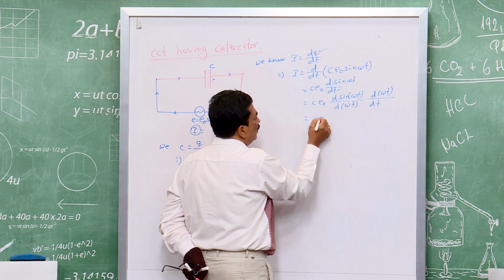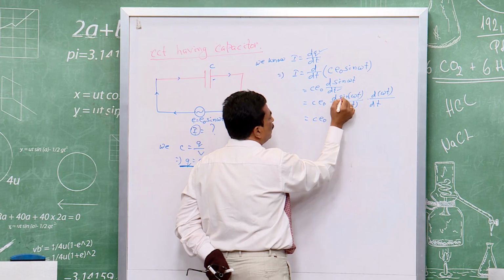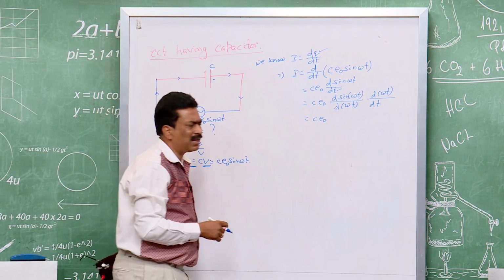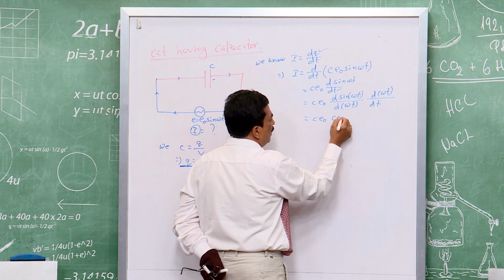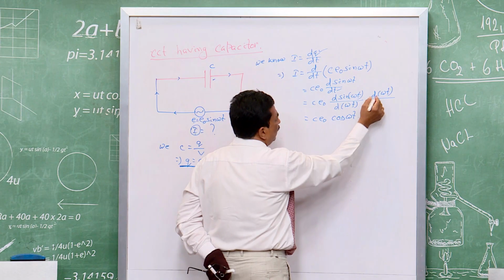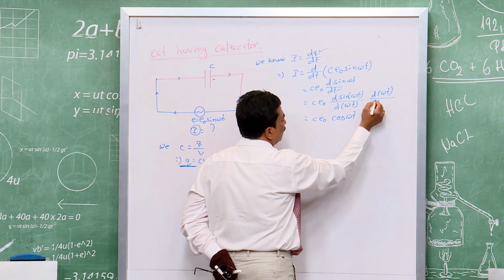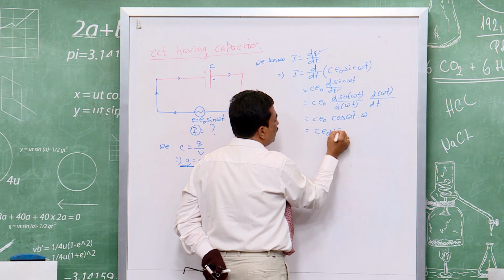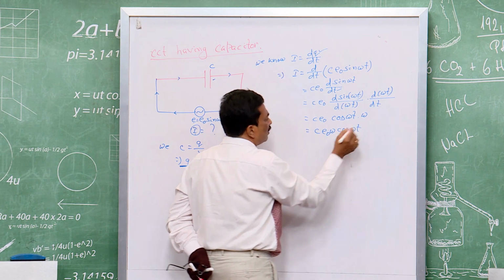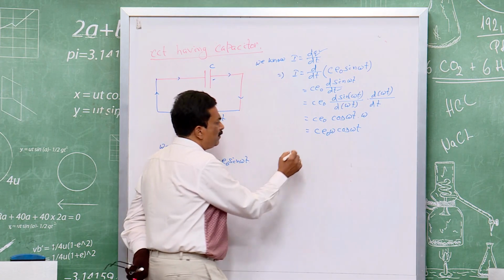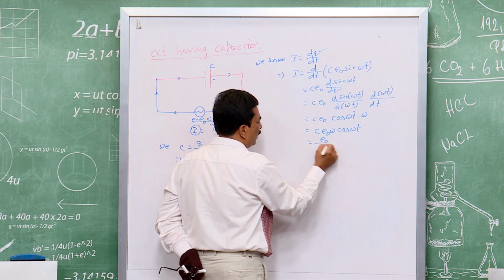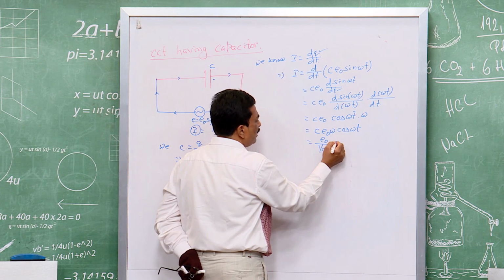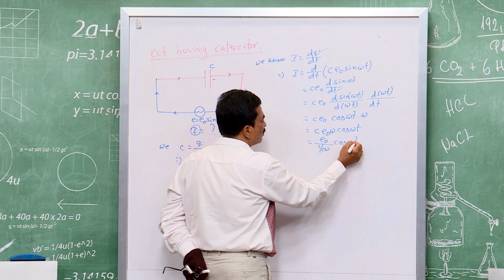So this is equal to C E0, the derivative of sine of some function with respect to the same function, which according to the formula is the cos of the same function. So cos of omega t, d omega t by dt, omega comes out, dt by dt is equal to 1. So this is equal to C E0 omega cos omega t. That can be written as E0 by 1 by C omega of cos omega t.